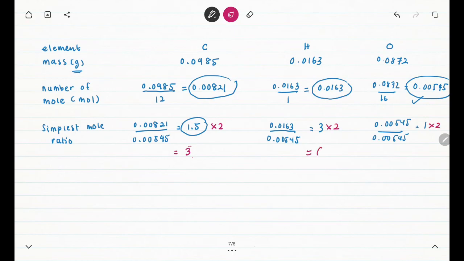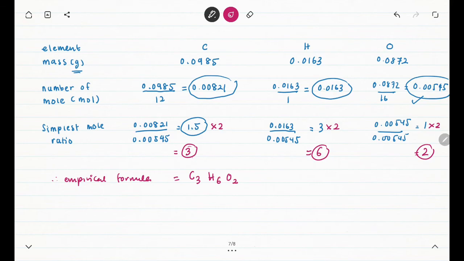So this one becomes 6, and this one becomes 2. So we have obtained the whole number for each element. So our empirical formula is C3H6NO2.